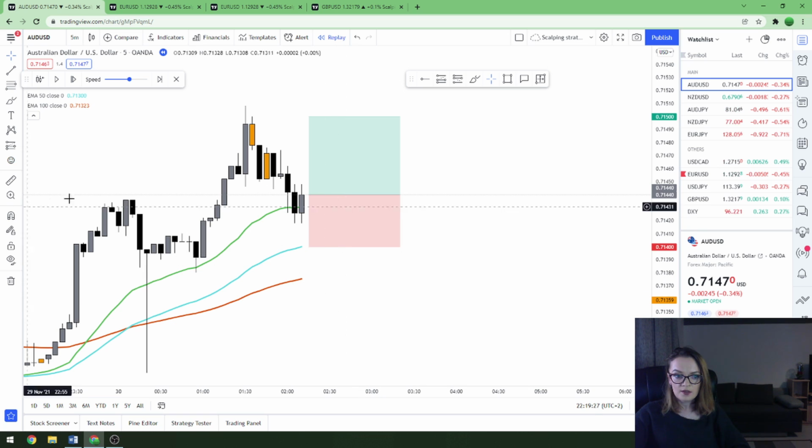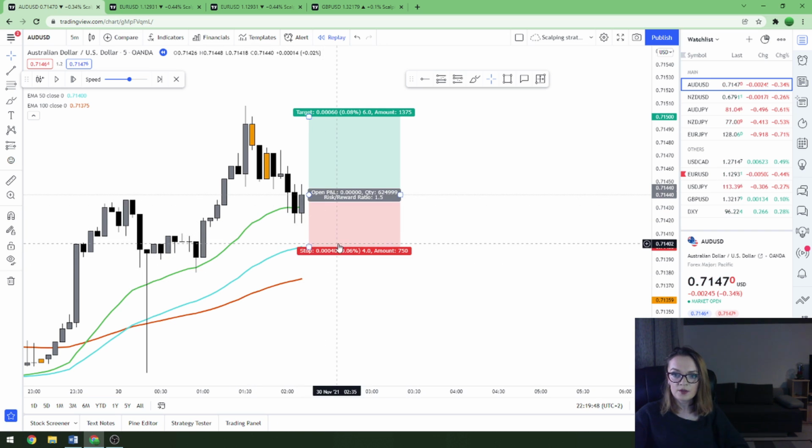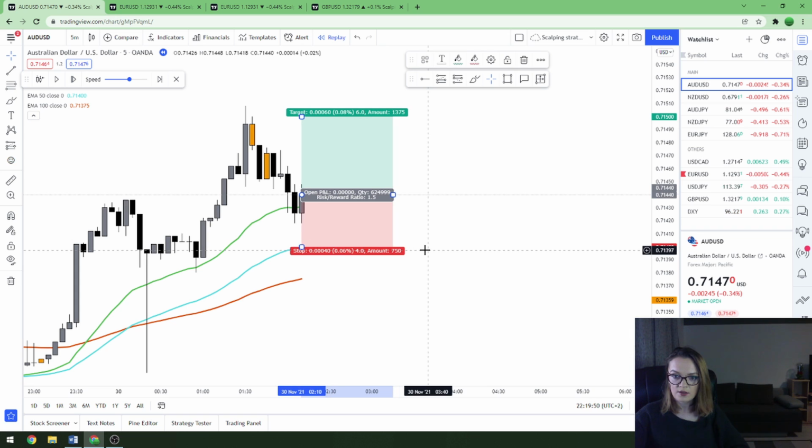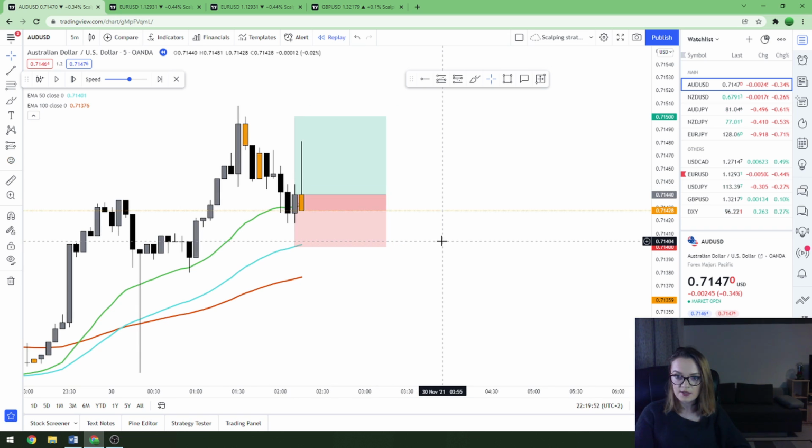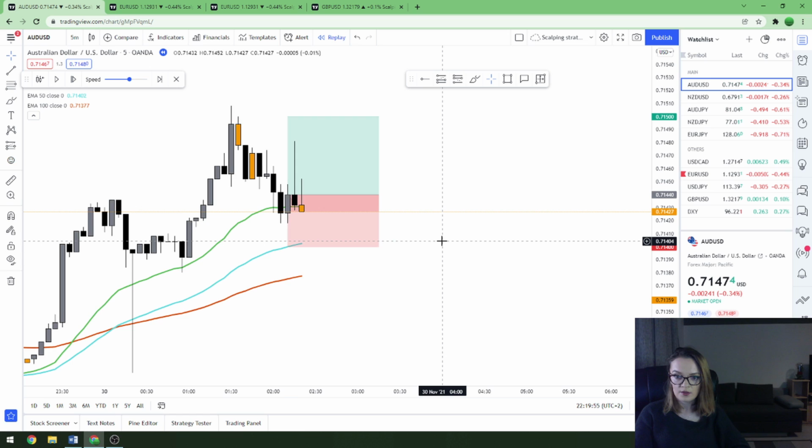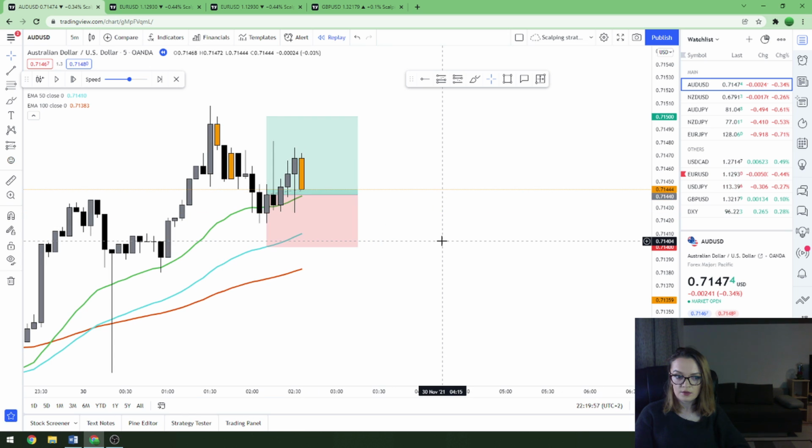Okay, and let's see this example. As we can see here, all the three EMAs are heading upwards, the candles are above the 25 EMA, we've got this pullback, a candle closed below the 25 EMA, and a new candle here that closed above the 25 EMA, and now we opened this buy position right here, and let's see what will happen next.